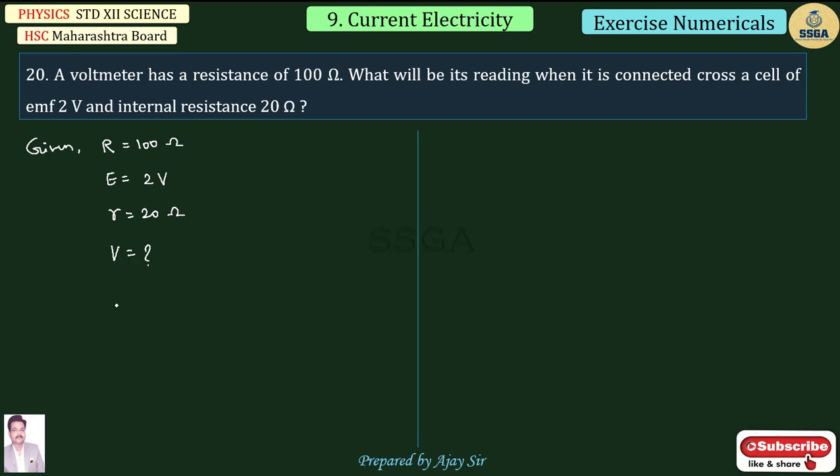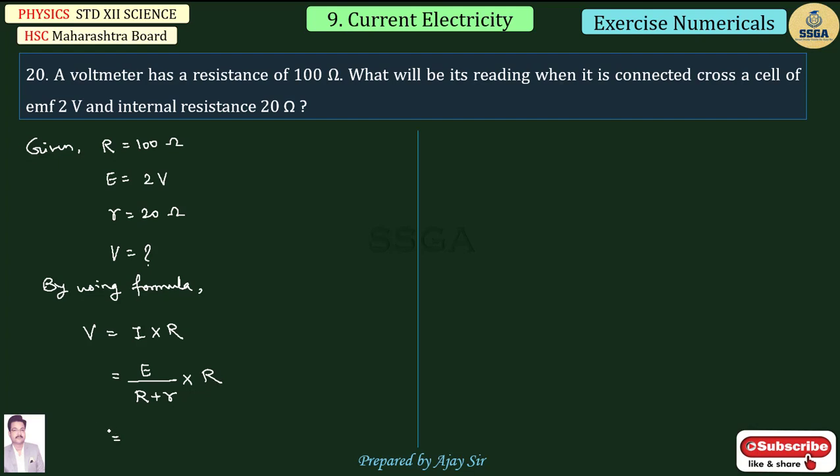So therefore, by using the formula V is equal to I into R, where I is equal to E divided by capital R plus small r, into R.